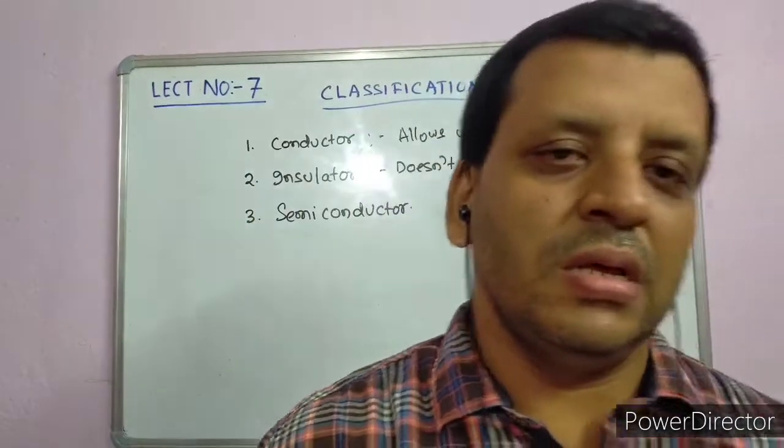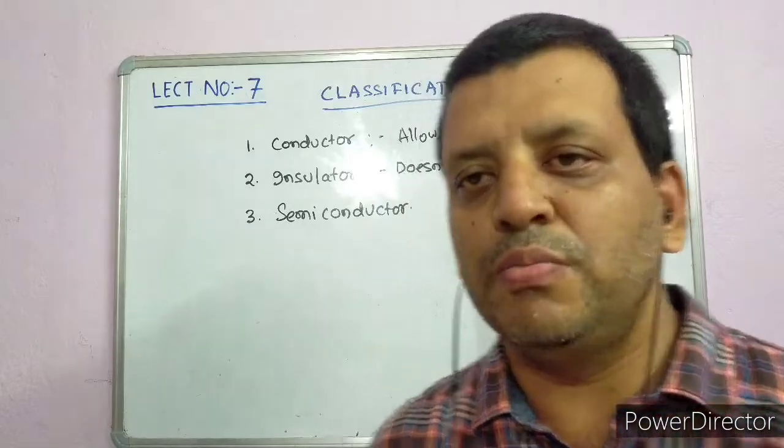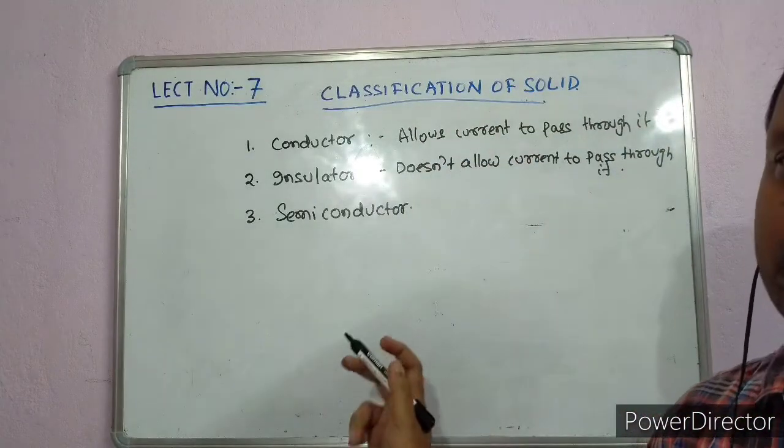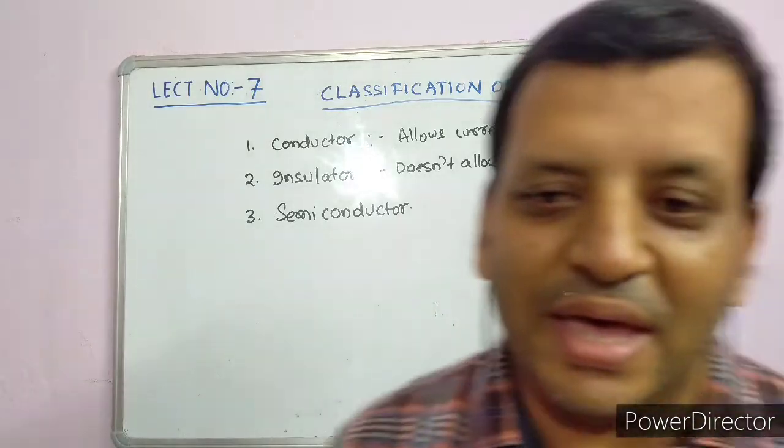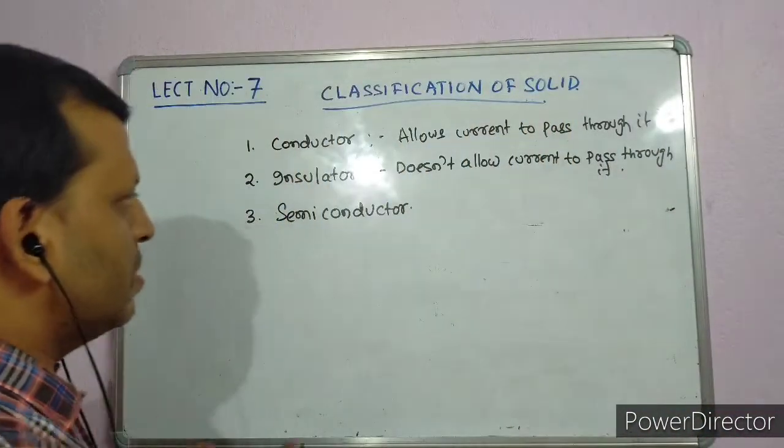And a semiconductor possesses the characteristics of both conductor and insulator. So we can say it's a middleman.